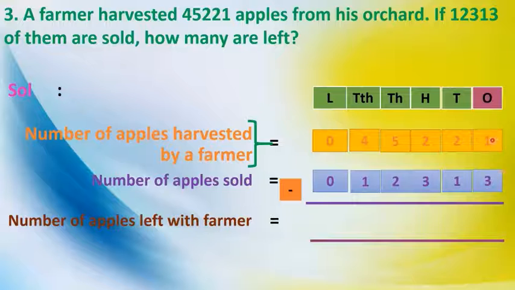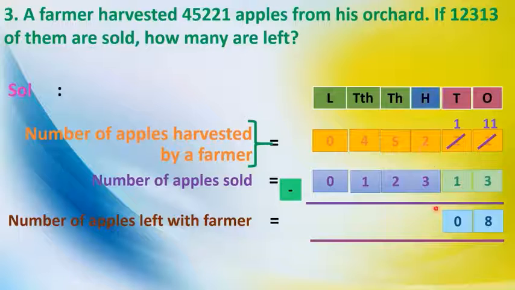Yes. Now, subtract 1's place. 1 is less than 3. We have to borrow from 10's place. 10's becomes 2 becomes 1, and 1 becomes 11. 11 minus 3, 8. And 1 minus 1, 0. And here 100 place again, 2 is less than 3. So we have to borrow from thousands place. Here 5 becomes 4, and 2 becomes 12. 12 minus 3, 9.